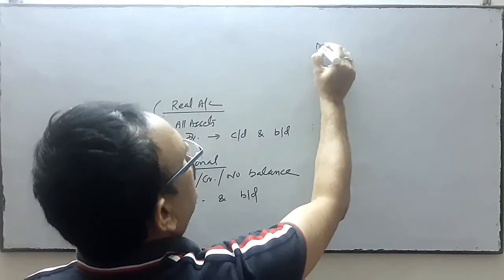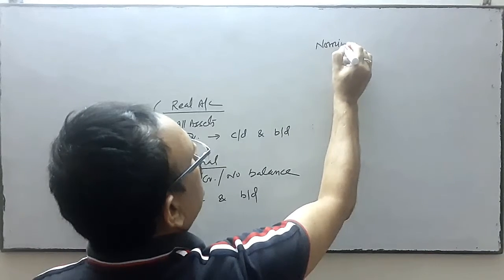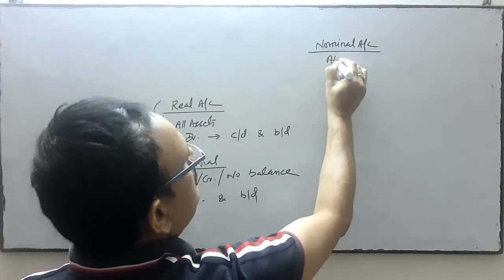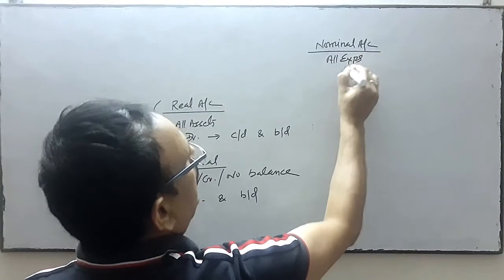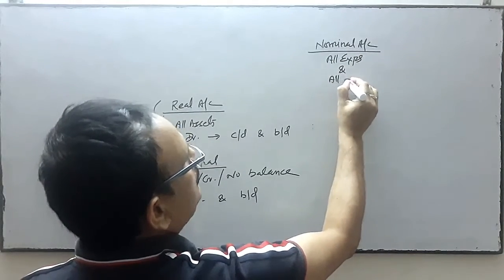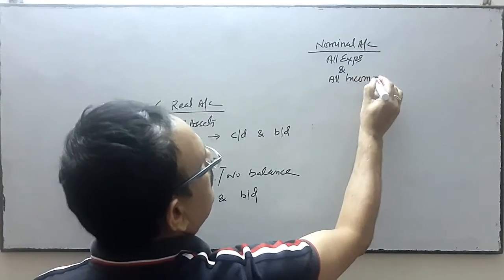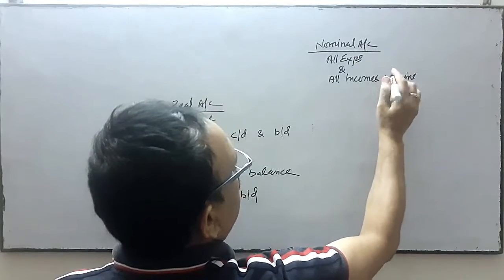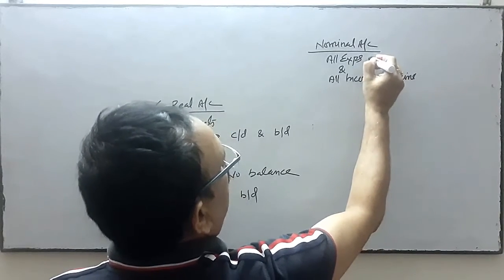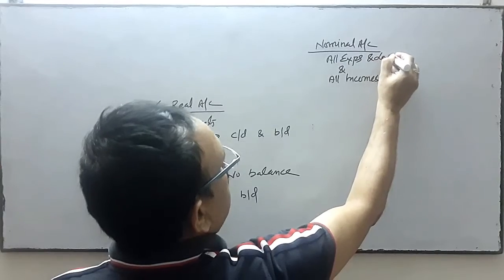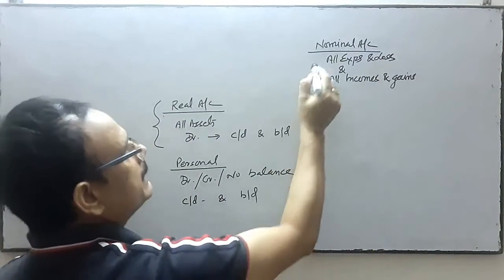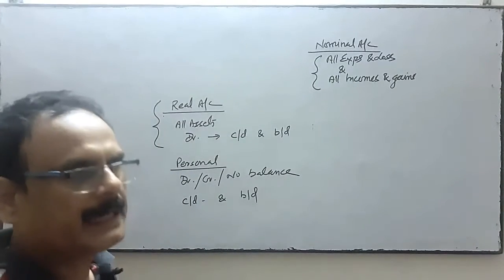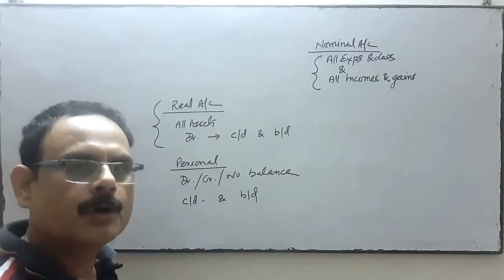Similarly, nominal account. In nominal account, all expenses come under nominal account, all expenses and losses, and all incomes and gains. So this account balance at the end of the financial year is not carried down or brought down.